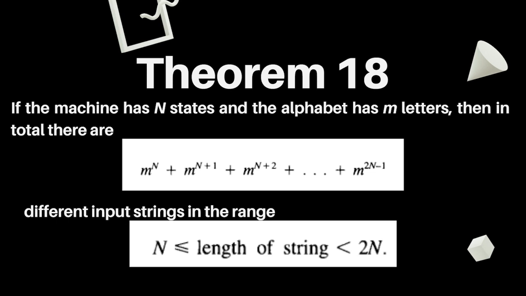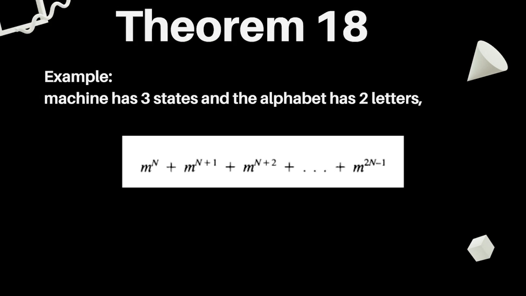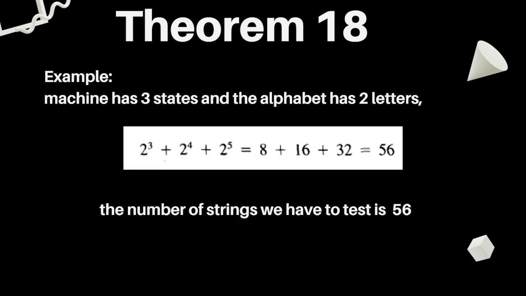So let's have this example. A machine has 3 states and the alphabet has 2 letters. So the m here is the number of letters, the two letters, and the n is the number of states, which is 3. So let's fill that equation in, and then we will have this.